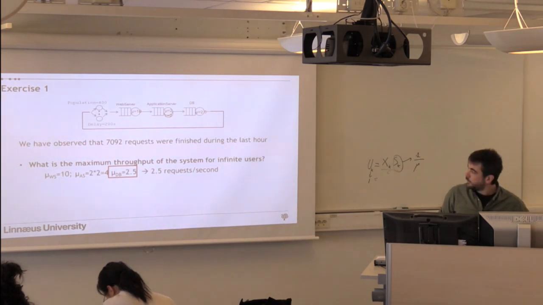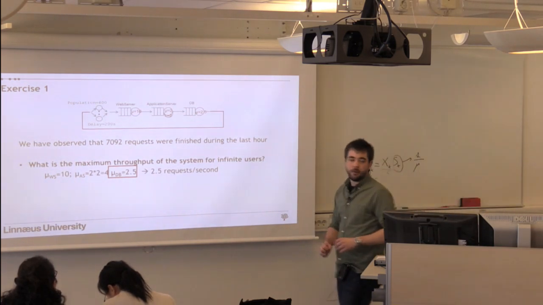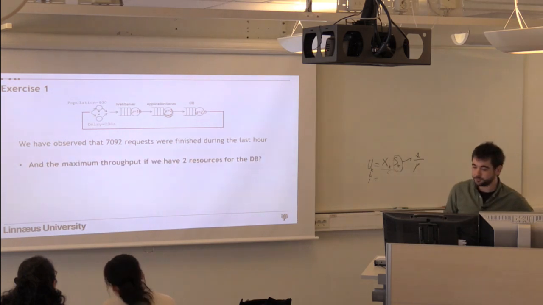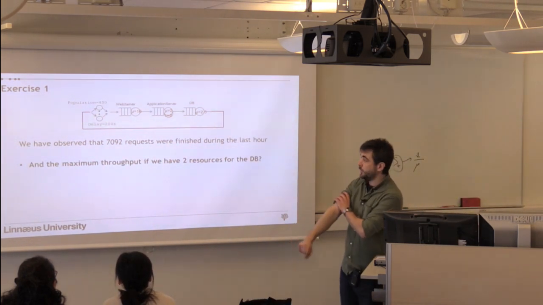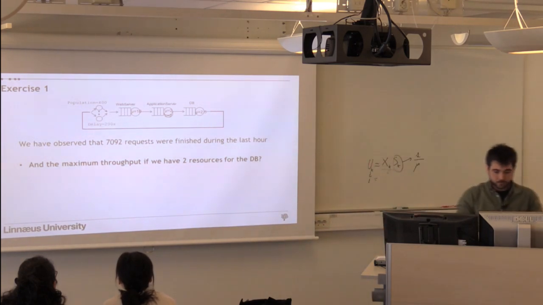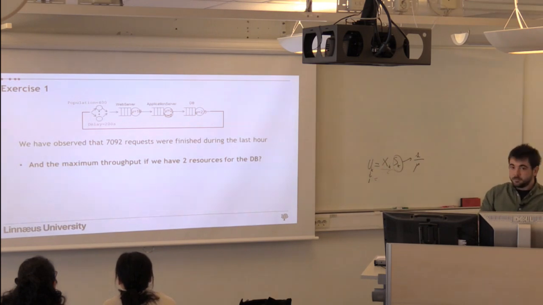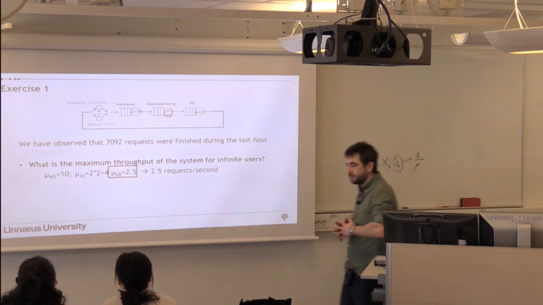Now the database is our bottleneck. What will give the maximum throughput of our system if we increase the number of users? If we add another resource to the database, which will be the maximum throughput? This is the previous one, so you can build on this.